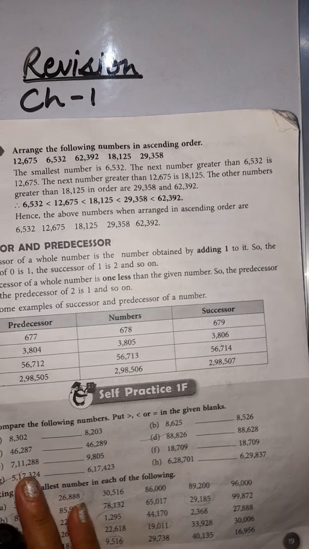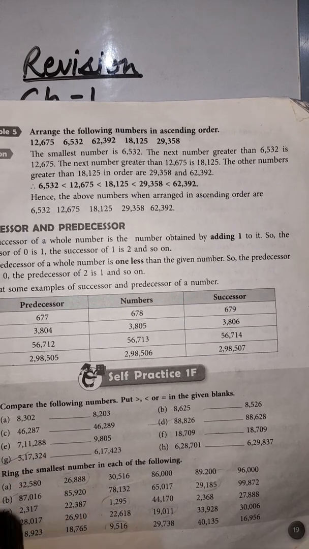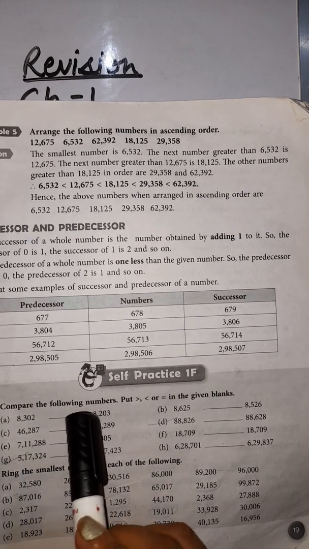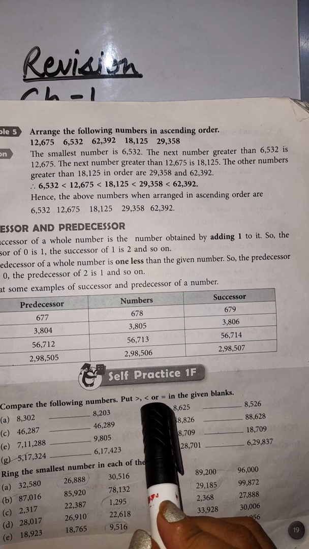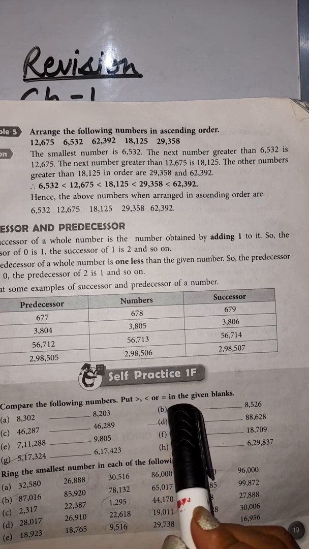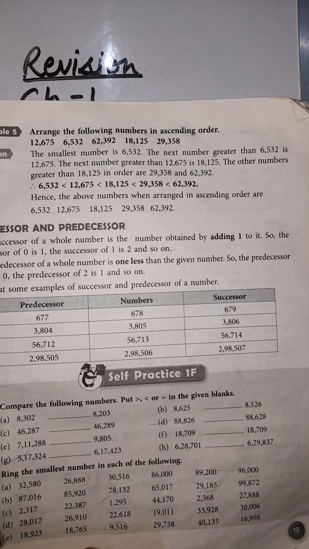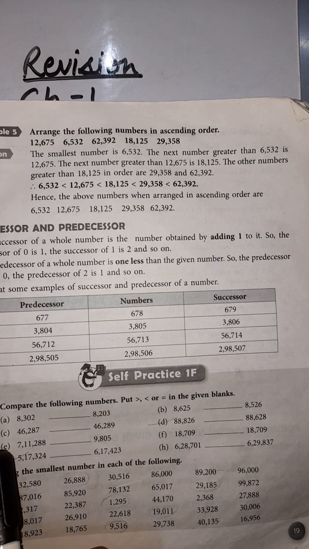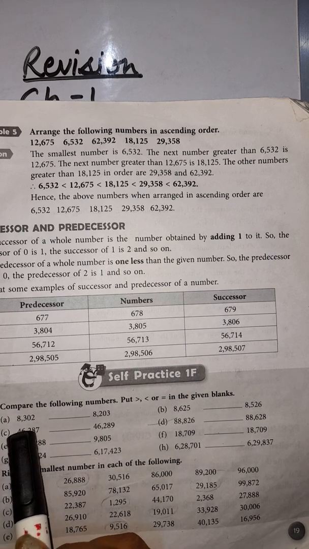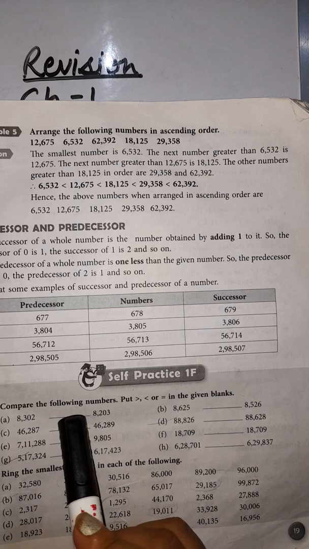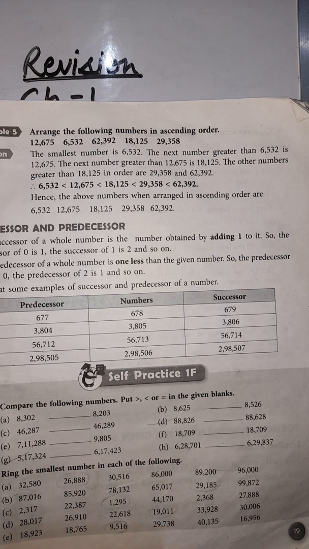Okay. So here we have question number 1: compare the following numbers, put greater than, smaller than, or is equal to in the given blanks. Question A is 8302 compared with 8203.